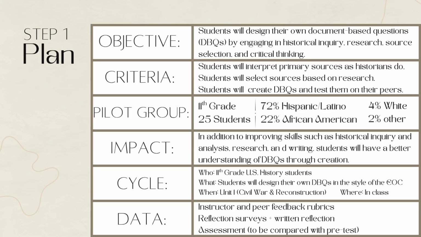My pilot group will be comprised of 25 students, all 11th graders, and I have included the overall demographics of our school since I do not currently have a class. My hope is that in addition to improving skills such as historical inquiry, analysis, research, and writing, students will also have a better understanding of DBQs through creation. It's almost like learning how to build a computer by taking it apart first.